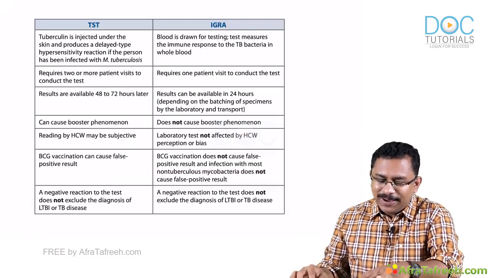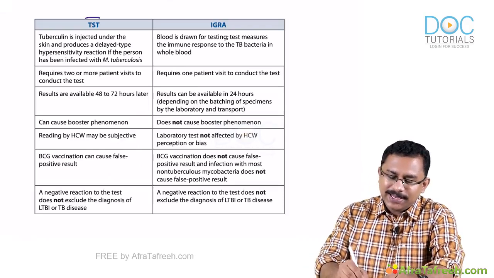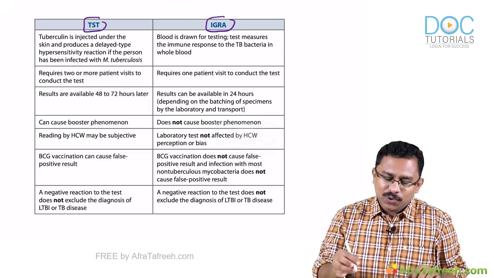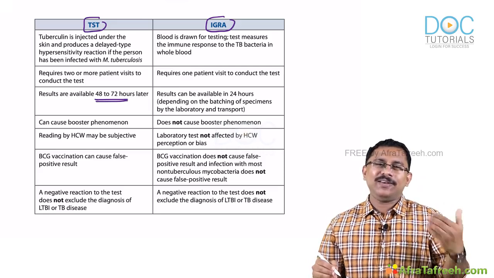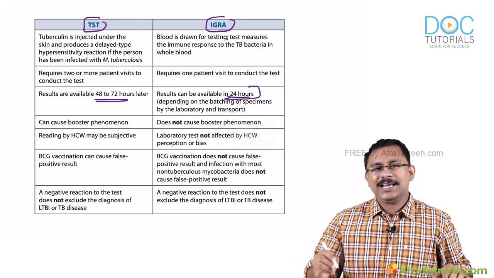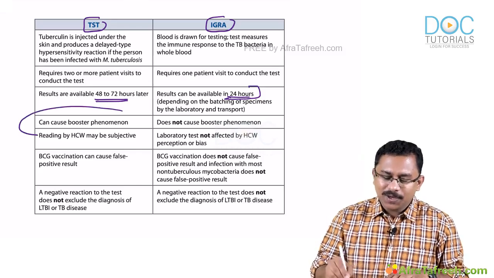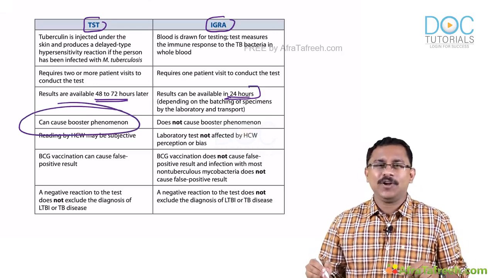So just a comparison of the tuberculin skin test and the interferon gamma release assays. For the tuberculin skin test, you have to wait another 48 to 72 hours. Here you can do the test and obtain the result in 24 hours. There is one important point with respect to the TST, that is the booster phenomenon.